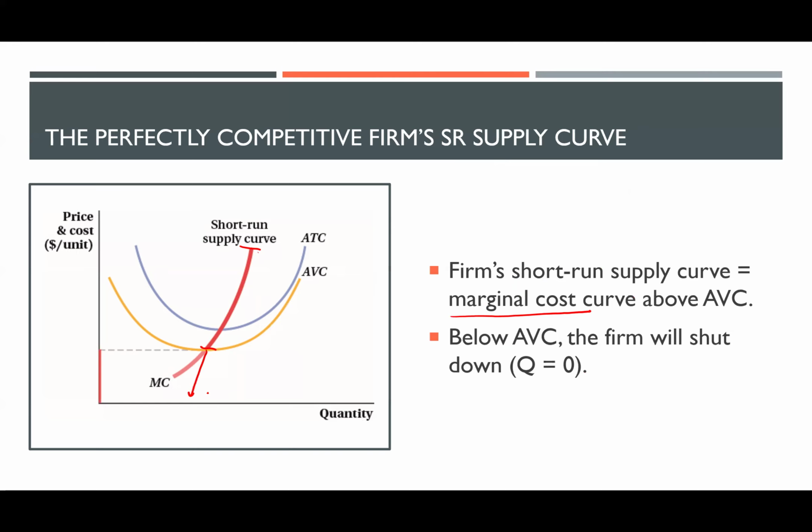Remember the firm shutdown decision: they're comparing operating revenue and operating costs, and the operating cost for the firm is their variable costs. If the price is below average variable cost, they're going to shut down and not produce anything. Quantity supplied is zero at that price and below. That's why we only use a portion of the firm's marginal cost curve.